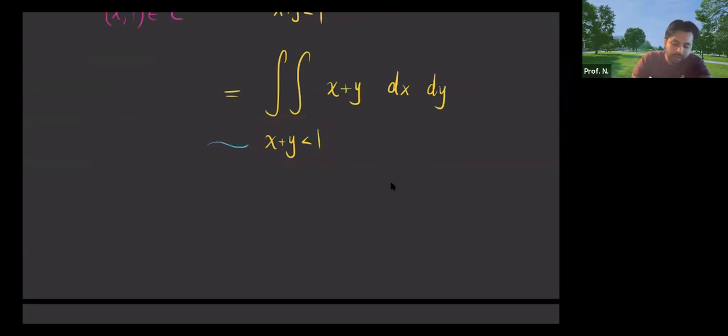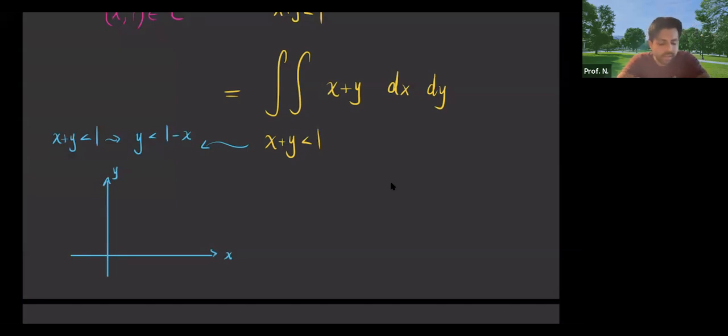Well, one way to think about this, I don't know what this looks like so much, but I'm a little bit more familiar with this: y is less than 1 minus x. What is that? Well, if I were to graph this inequality, can't I graph it? What is y equal to 1 minus x?